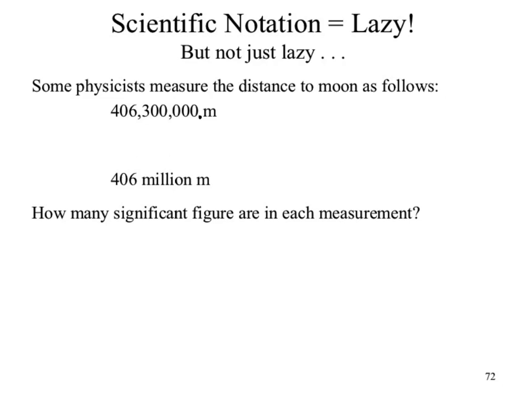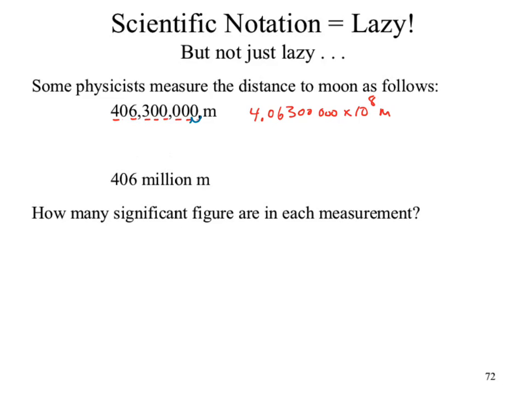So on the top one, we had 1, 2, 3, 4, 5, 6, 7, 8, 9 sig figs. That would be awful to write in scientific notation: 4.06, 3, 0, 0, 0, 0, 0 times 10 to the, what do we say, 8? 9?